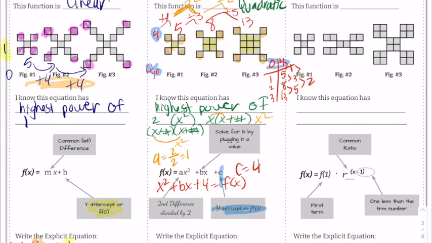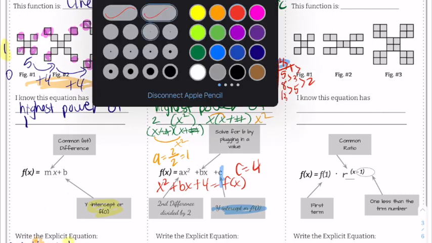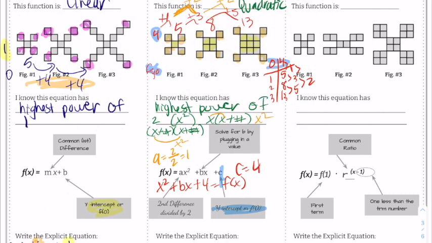So we're going to use the information that we have. So we can either pull it from the table or pull it from the diagram. So we need figure 2 or figure 3, it doesn't matter which one. So if we pick figure 3, that means if I want to find f of 3, I would use 3 squared plus b times 3 plus 4, right?